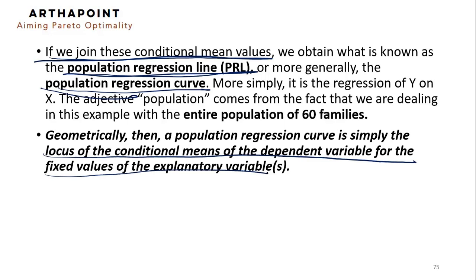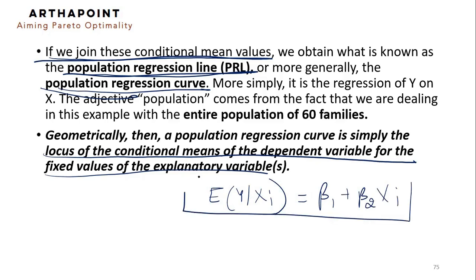So very important, whenever you are plotting the regression line, the way to make the regression line is this, E of y given xi, you're joining all these conditional means together, is equal to beta 1 plus beta 2 xi. But this is for the population.